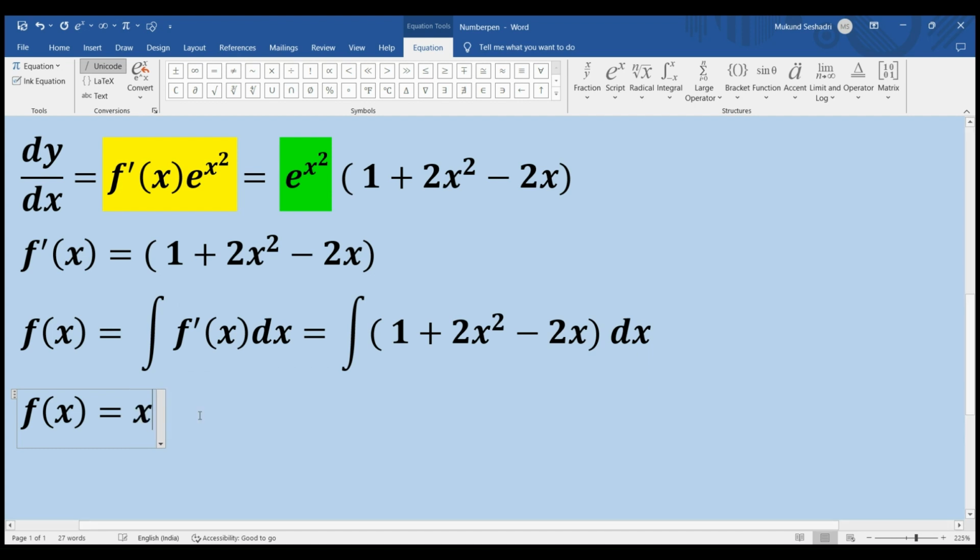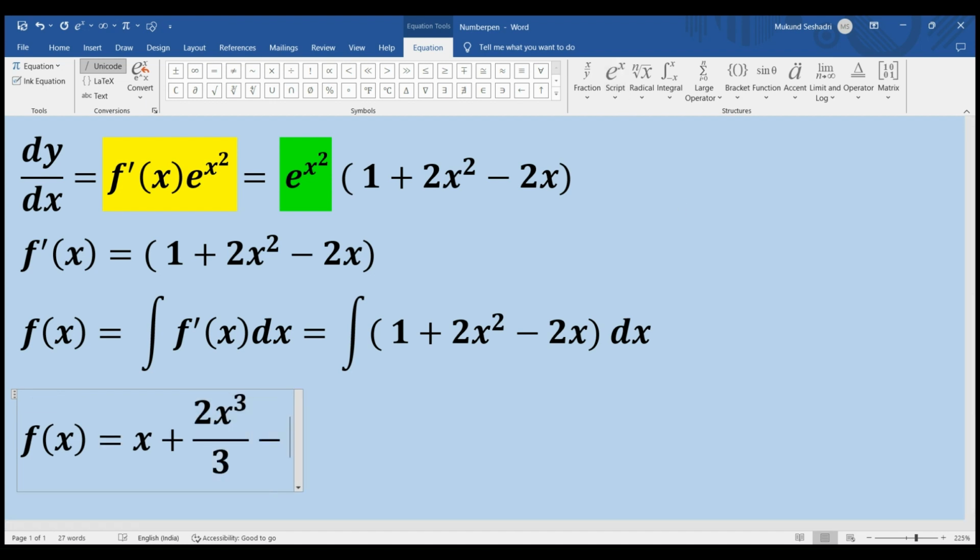So my f of x is going to be x plus, then I have integral of 2x squared times dx, which is nothing but a 2 times x cubed by 3. And then I come to my third part, I have a minus of 2x dx, which becomes a minus of 2x squared by 2, which means I'll be left with an x squared, right? And then I have my constant c, right?